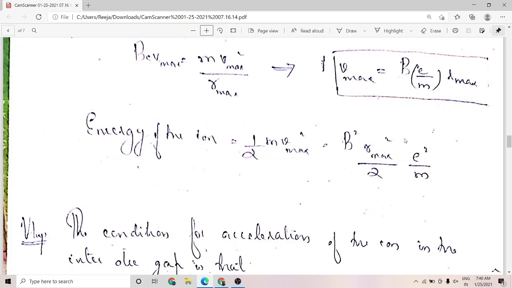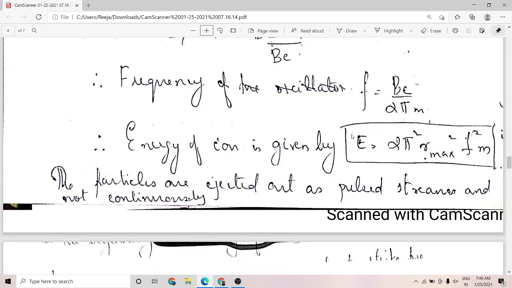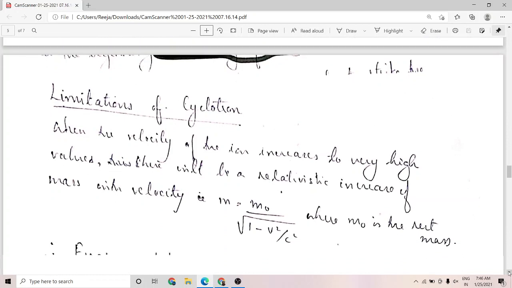In this I am replacing e square B square by 4 pi square m square f square, so that I get the energy of the ion in terms of frequency as 2 pi square R max square f square m. So the particles are ejected out as a pulsed stream and not continuously. So this is about the energy and the proper condition required for the working of the cyclotron.